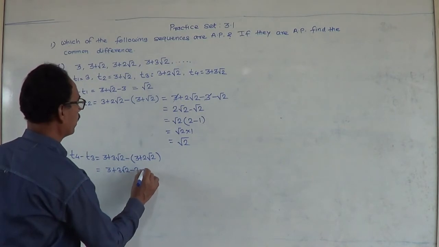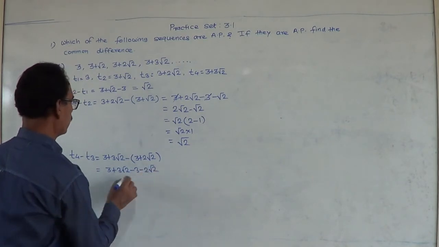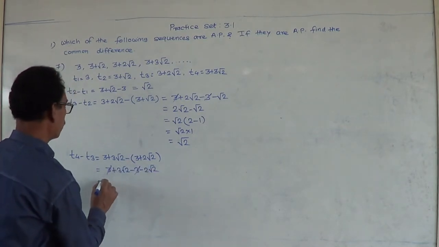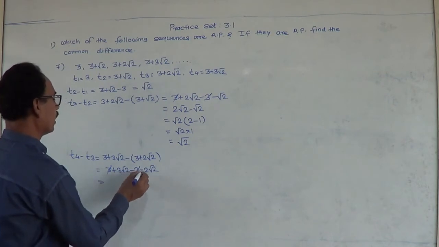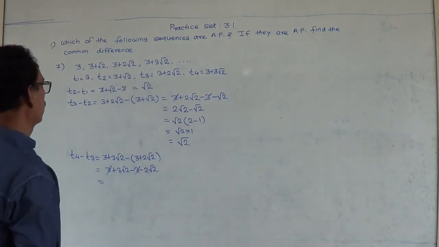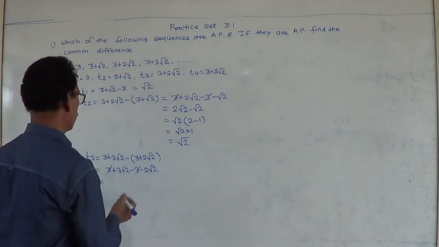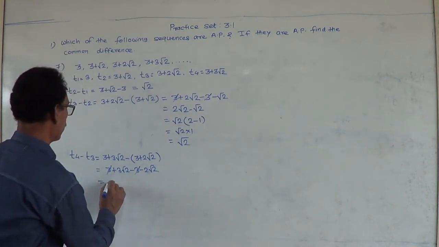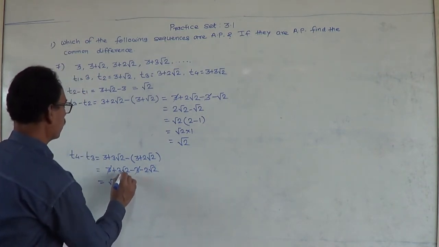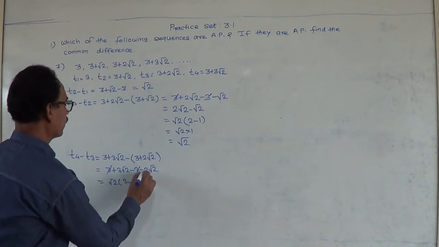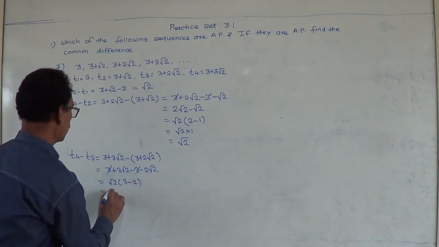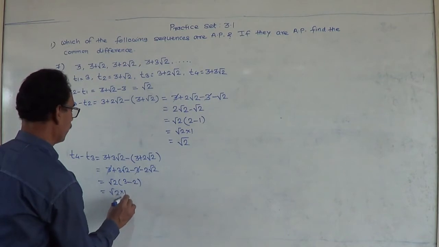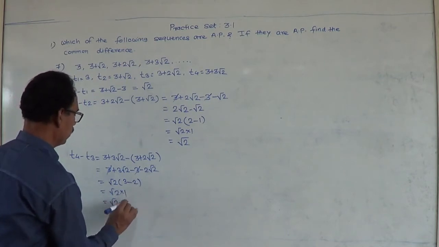This will be again minus 2 times root 2. So this 3 will get cancelled, and we will get 3 times root 2 minus 2 times root 2, and the answer will be only root 2. When we take root 2 common, here we will remain 3 minus 2, and the answer is root 2 into 1, and the answer is root 2.